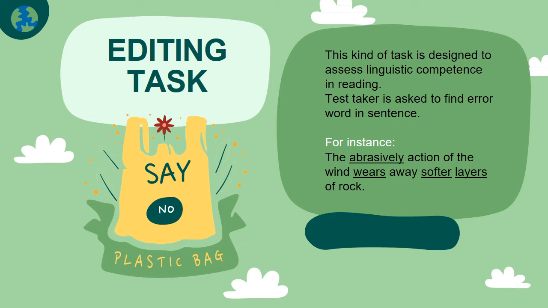The appraisal reaction of the wind wears away softer layers of rock. We have to find the wrong word that should not be in this question or sentence. So in this type of assessment, the student has to find the error word which should not be in the sentence.